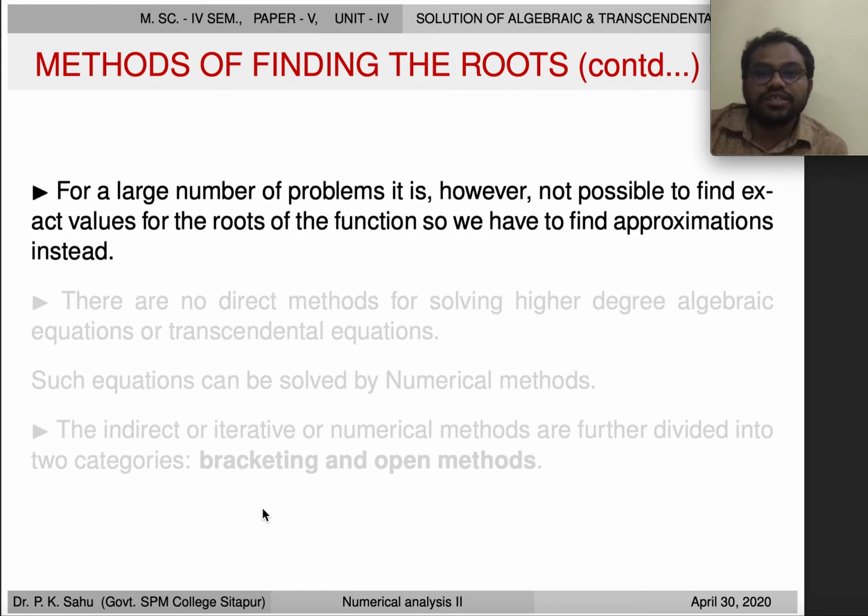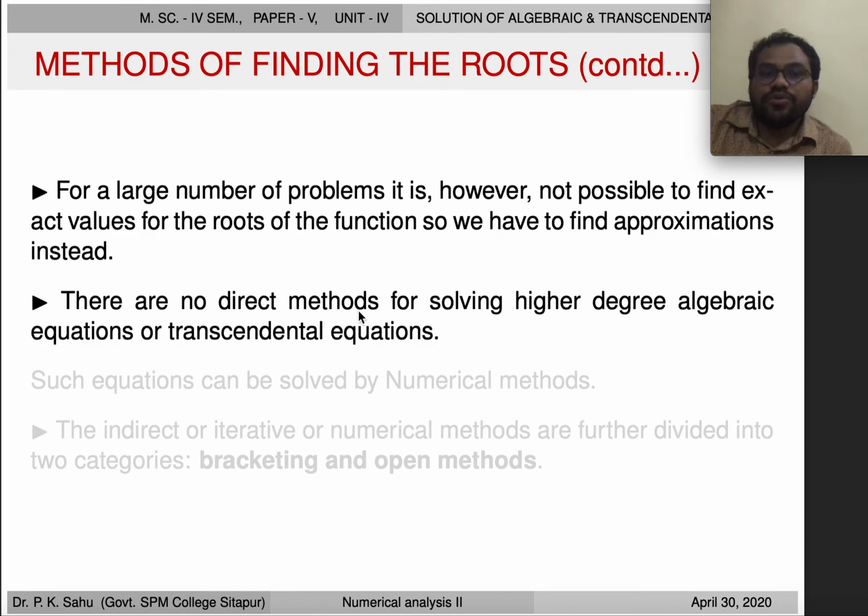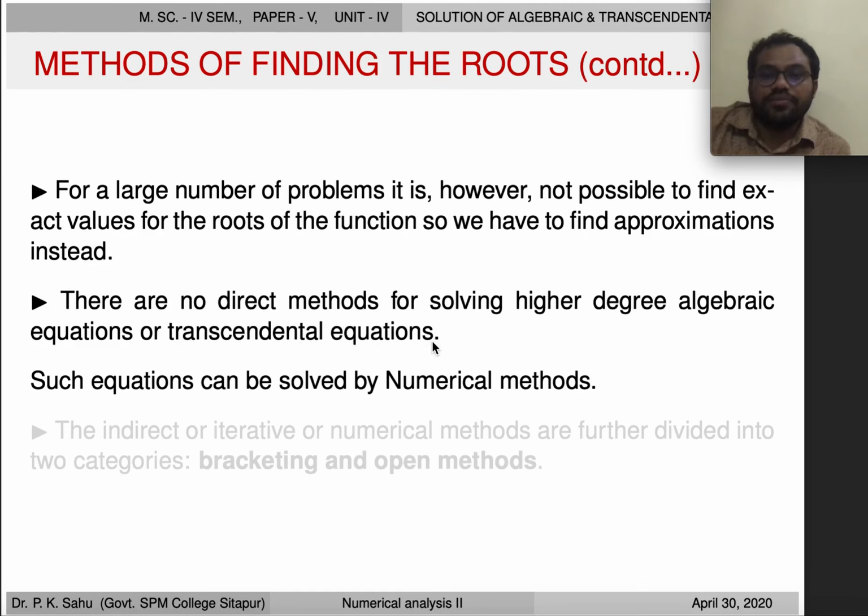But here we will discuss that problem in which we can't find the roots by the method we have previously studied. Because for a large number of problems, it is not possible to find exact value of the roots of the function. So, what we do? For solving higher degree algebraic equation or transcendental equation, we use numerical method.